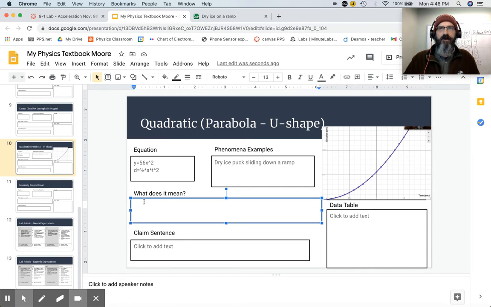What does it mean? I interpret that as, let's turn our equation into an English sentence. So d, or distance, the distance the puck, or the object, goes, is stands in for equals, 1/2 of stands in for times, right here anyway, of the acceleration, which is some constant.